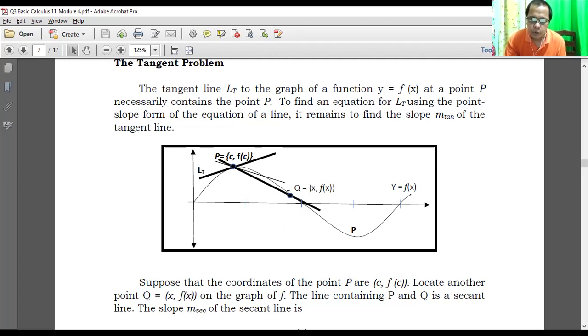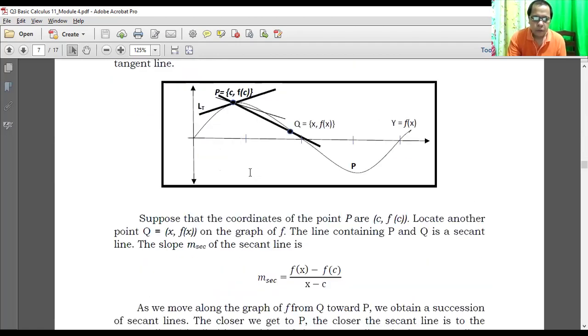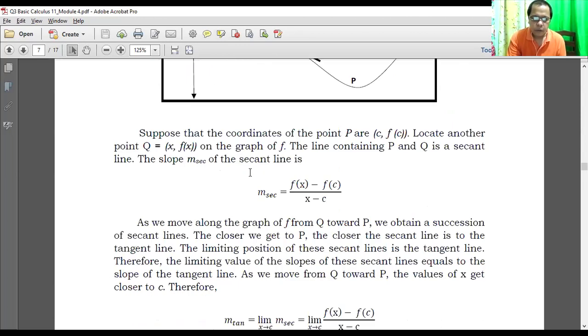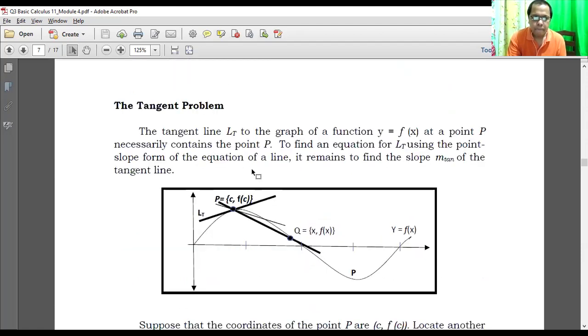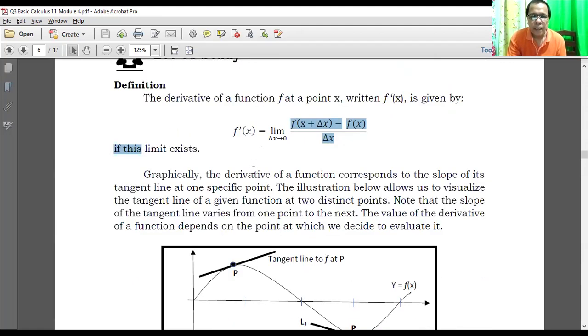And we all know that to find the value, or to define the situation, unsay tawagan niya? Balik ta ganina.